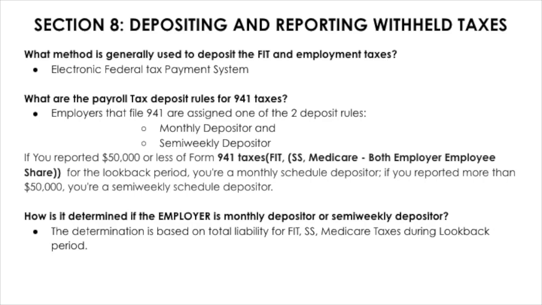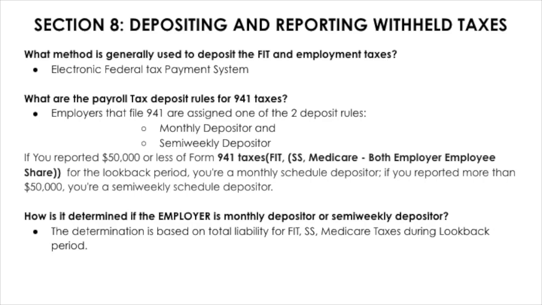What are the payroll tax deposit rules for 941 taxes? The employers that file 941 are assigned one of the two deposit rules: monthly depositor and semi-weekly depositor. So either the employer will be a monthly depositor or semi-weekly depositor.